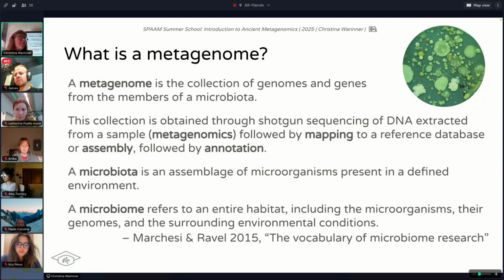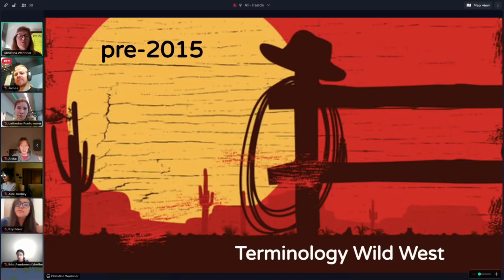These terms were defined in 2015 by Marchesi and Ravel in an article called The Vocabulary of Microbiome Research. And now you might be wondering, why did we have to have an entire scientific article dedicated to just defining these terms? The reason is that prior to 2015, terms that were used about the microbiome, about metagenomics, about microbiota, it was like a Wild West.